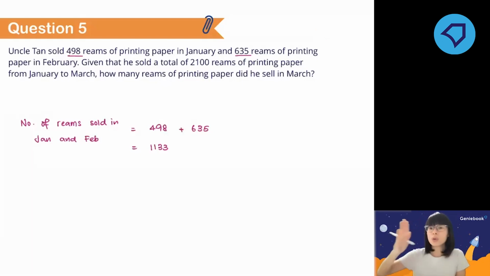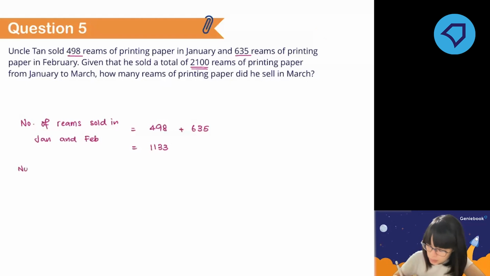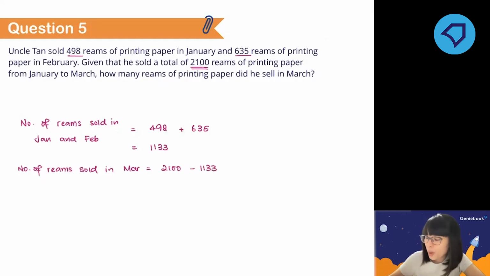From Jan all the way to March, he sold a total of 2,100. So to find the number of reams sold in March, you just need to take the total number minus what he sold in Jan and Feb.